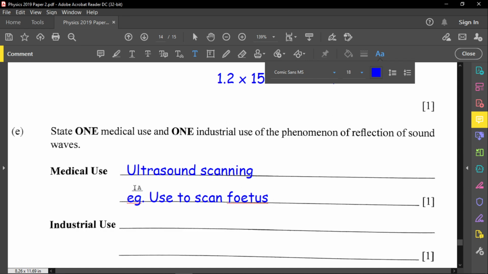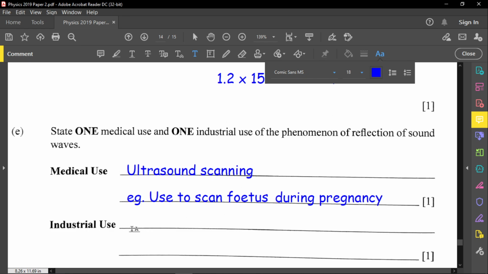So use a scan fetus during pregnancy. All right, so great.